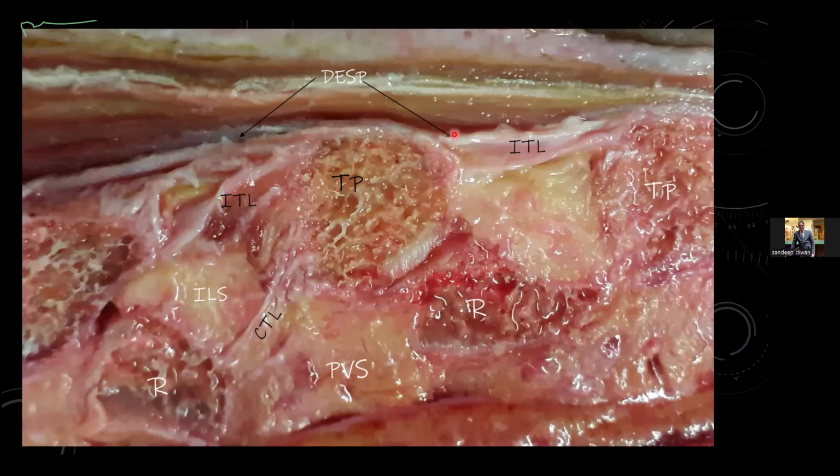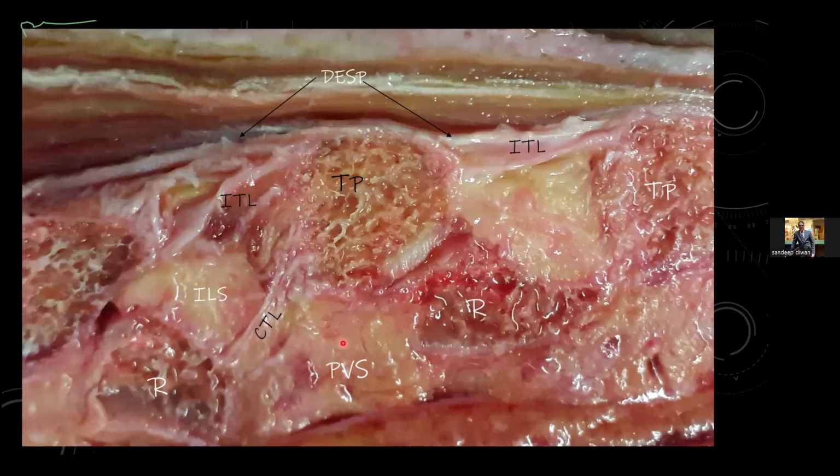So now if you're injecting a local anesthetic at this point, there will be the intertransverse ligament, the interligamentary space, and the costotransverse ligament. Only then would the local be migrating towards the paravertebral space. But if you inject in the interligamentary space, there would be just one particular anatomic barrier.